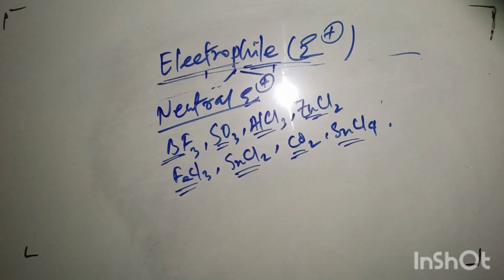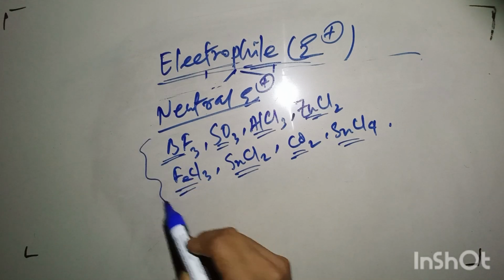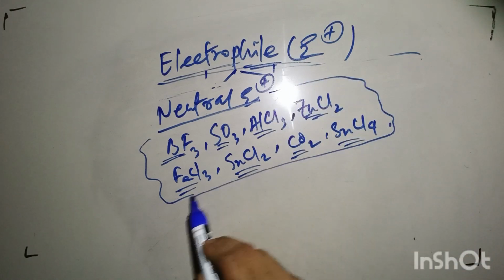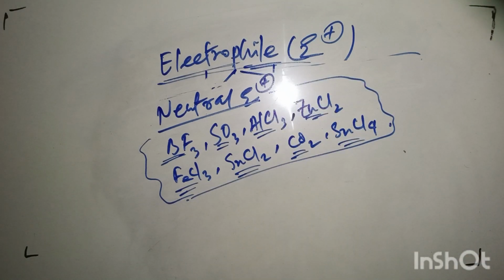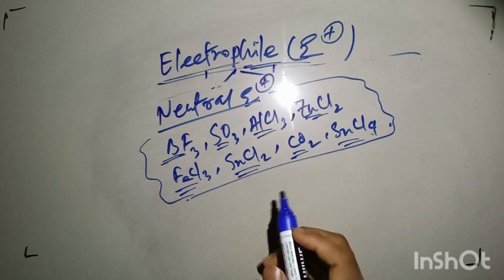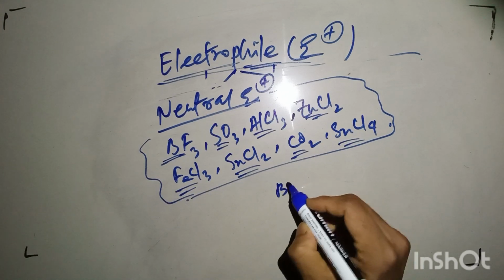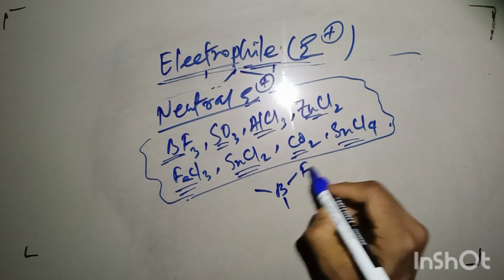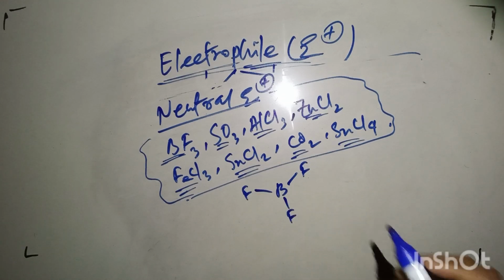After that, you have to remember one thing: these neutral electrophile species have an electron deficient atom at the center. For example, if you take the structure of BF3, it will be like this: boron, fluorine, fluorine, fluorine.